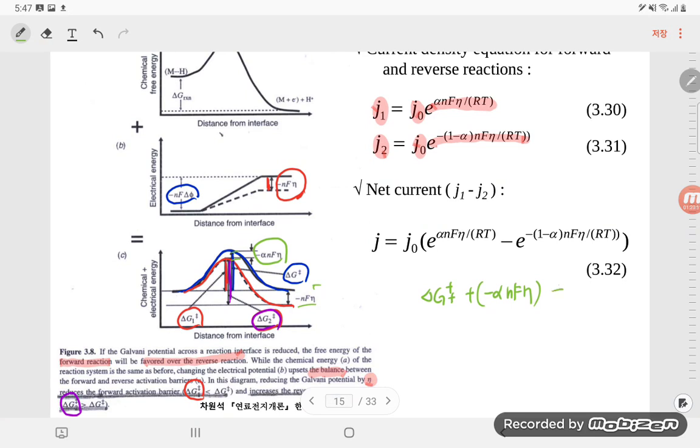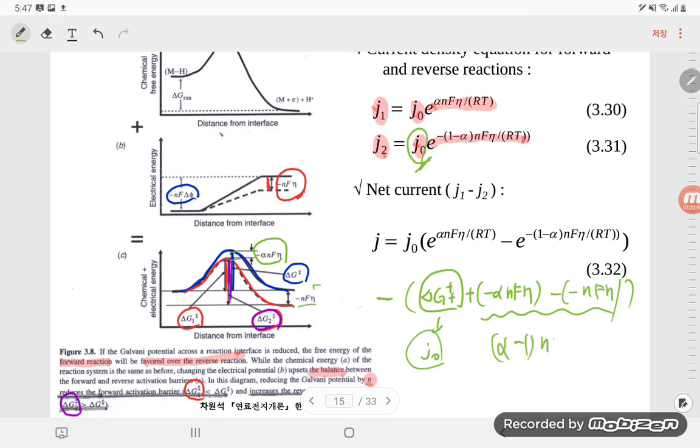Minus this value and plus minus NF eta, and in front of it there is a minus sign. And we can conclude that this is included in the exchange current density, right? This is for the exchange current density, and when we consider this one, plus minus alpha minus 1 and F eta, right? This goes for this because there is a minus.